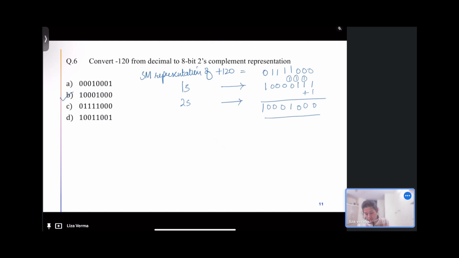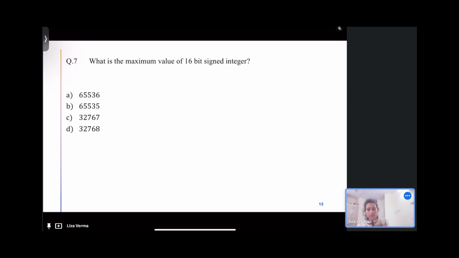Alright, let's move on to the next question. What is the maximum value of a 16-bit signed integer? So this is again what we discussed in number systems.